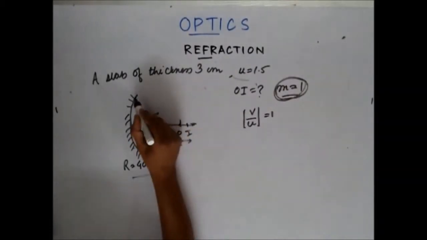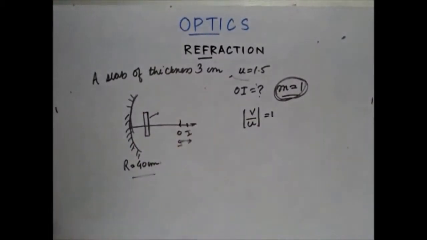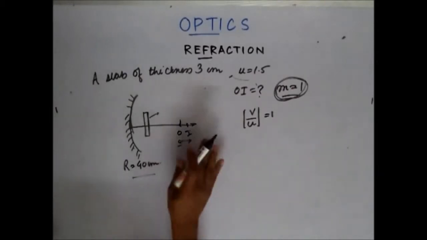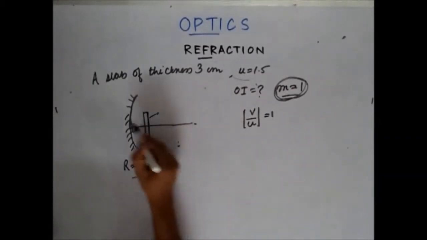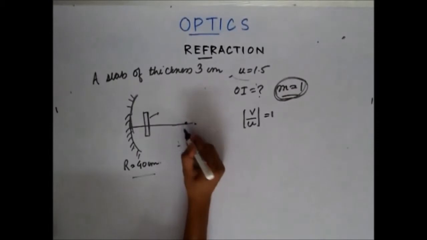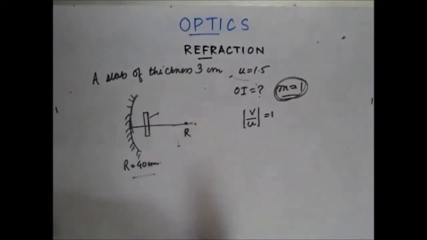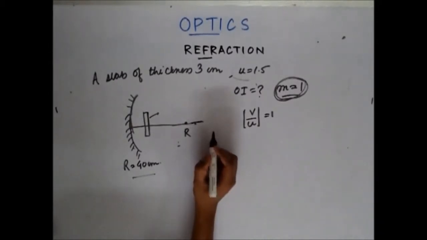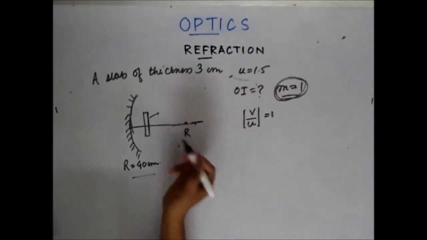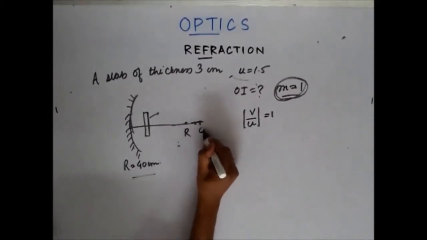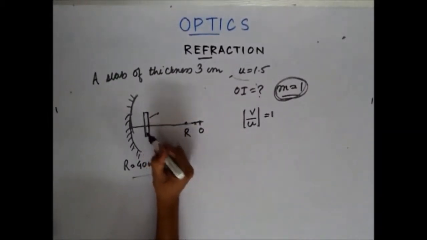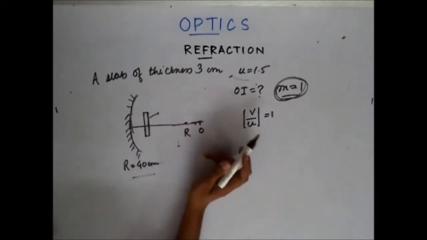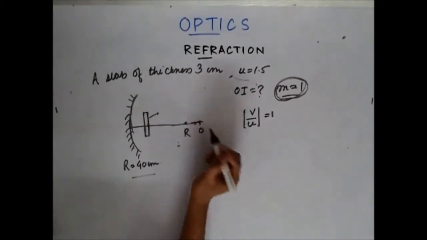Okay, so for this concave mirror, the object should appear to be at the radius of curvature, at this point. But where is the object exactly? If this is the object, because of this glass slab, this mirror will see a shifted image of the object.